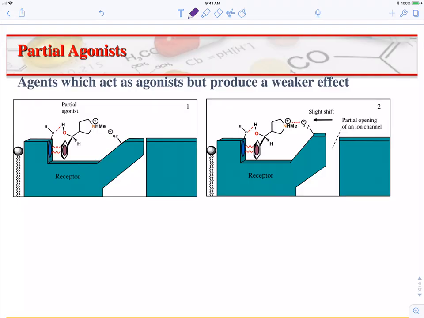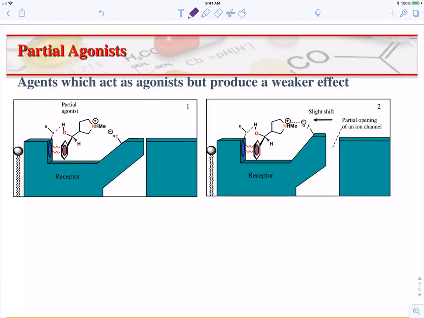So they're typically used in the case of receptors that can cause addiction very easily. So for example, we'll cover the use of partial agonists in the treatment of opiate dependency. These partial agonists bind, for example, to the opioid receptor with a weak morphine-like activity, so that results in a much weaker effect of euphoria and analgesia.